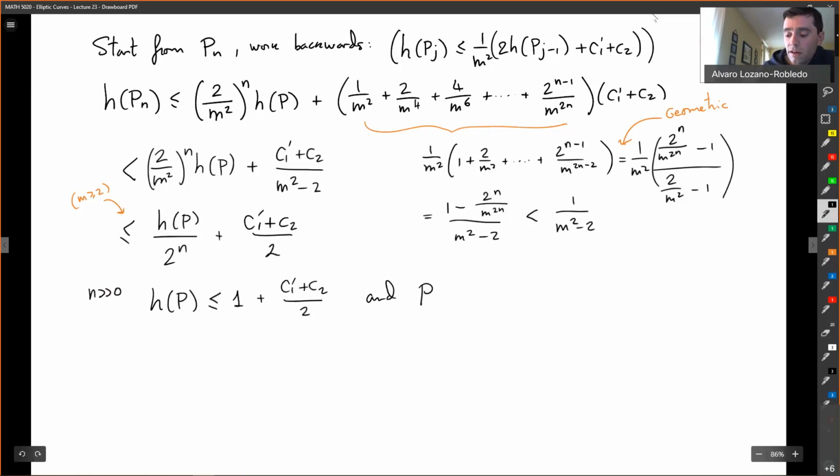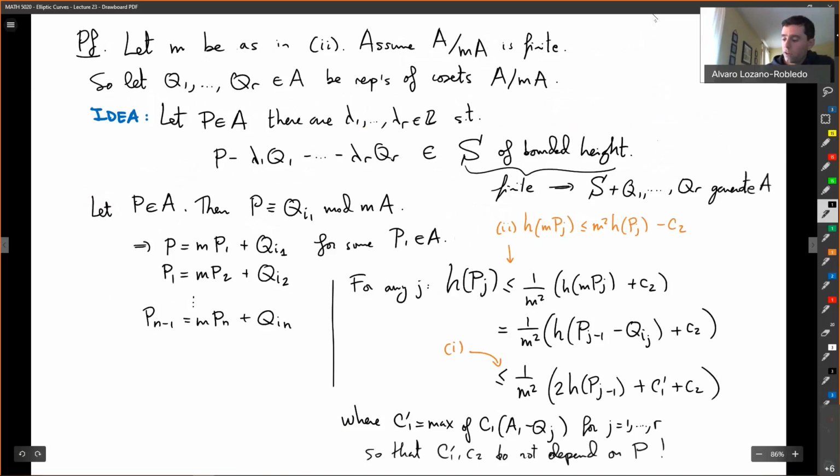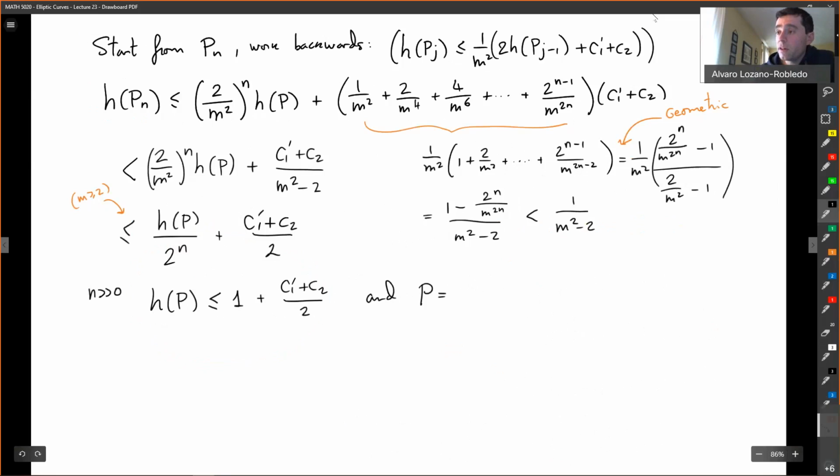If you trace back what P is in terms of Pn, P is m to the n times Pn plus the sum of j from 1 up to n of m to the j minus 1 qij.